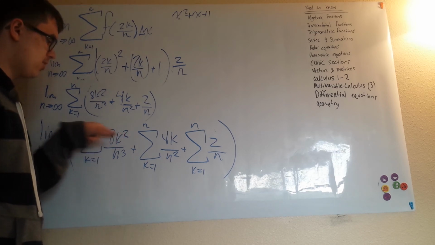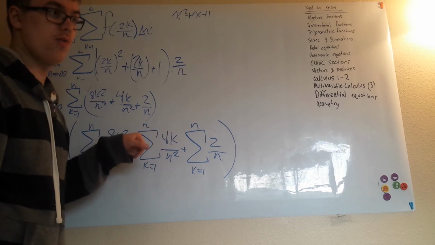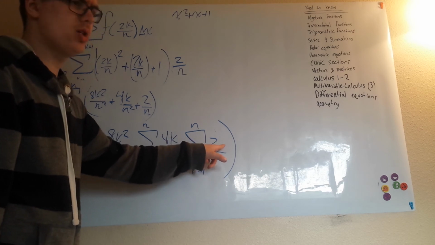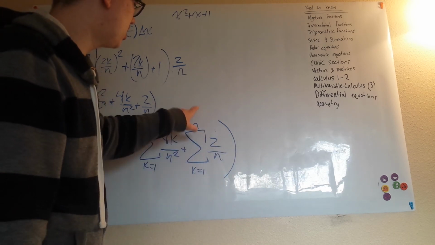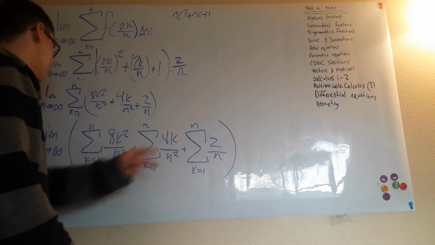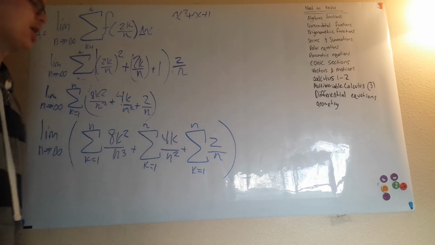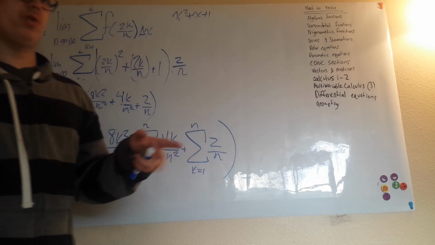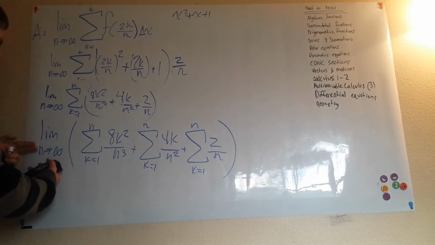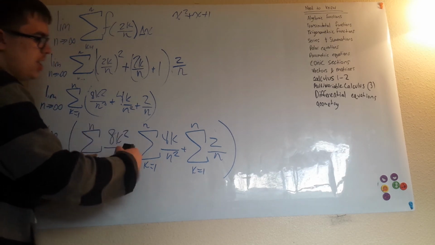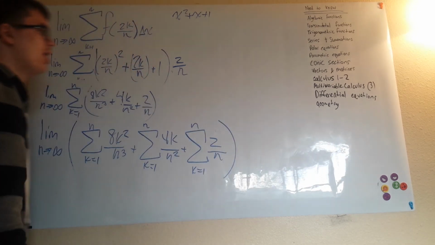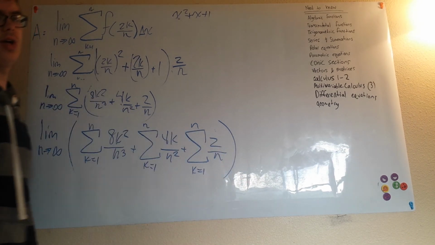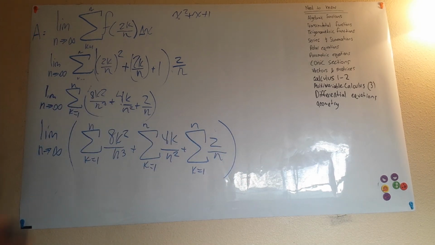We're going to have a k squared summation formula, a k formula for summation, and this is just a 1, so that's just n times 1. So we just have all of those summation formulas. It's all going to be in the form of rational functions, so we take the limit as n approaches infinity of each of those rational functions. And you're going to have an answer that is a constant. And that's how these area problems are going to go.